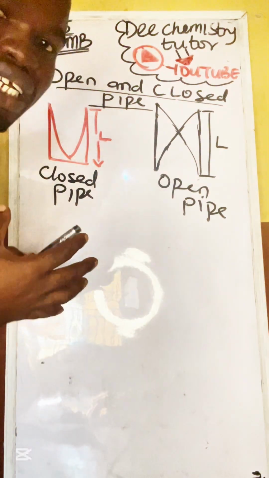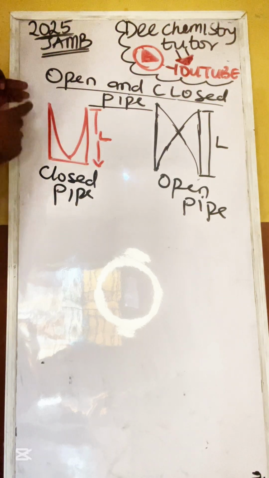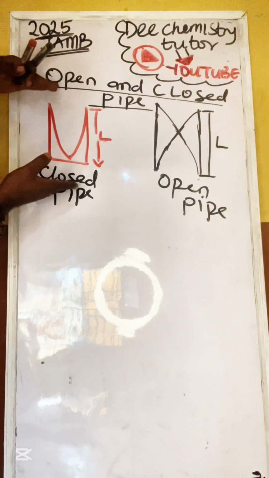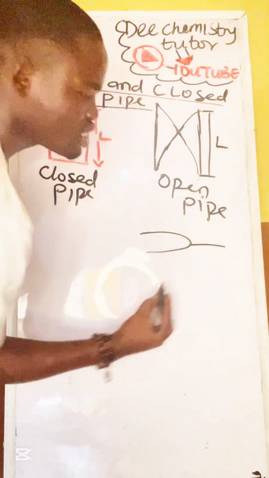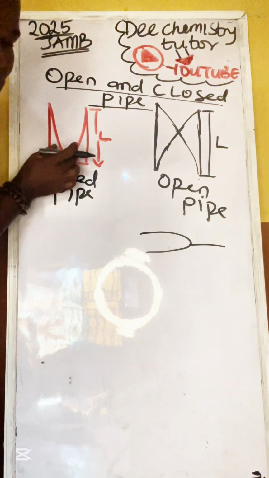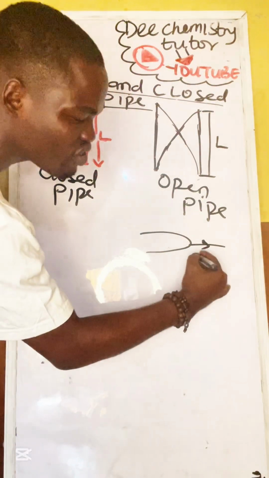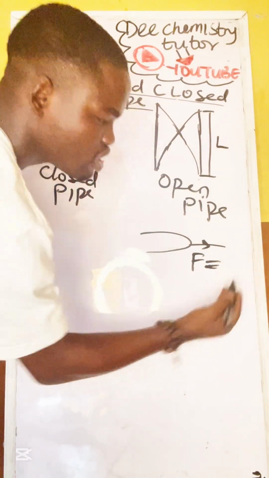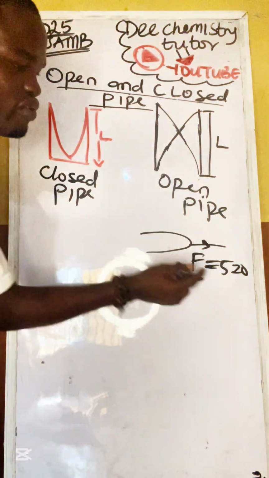So you have to understand how, when they talk about the tuning fork, a sound is being made into a pipe. I don't know if most of you have seen a tuning fork; it looks like this. They are of different frequencies. They can place a tuning fork into this pipe and a sound is made. They expect that this tuning fork has a specific frequency, sometimes 520 hertz and the like.